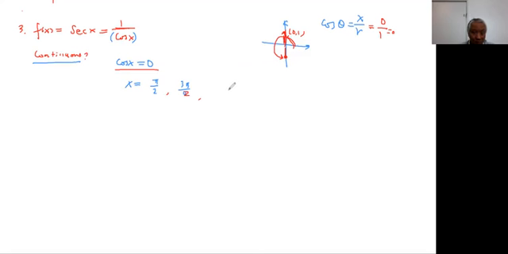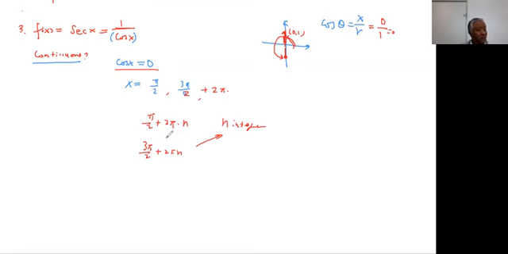If you add 2 pi, we get the same thing always. So pi over 2 plus 2 pi n, where n is an integer. And the other one is 3 pi over 2 plus 2 pi n, where n is still an integer. That's how you can find it.